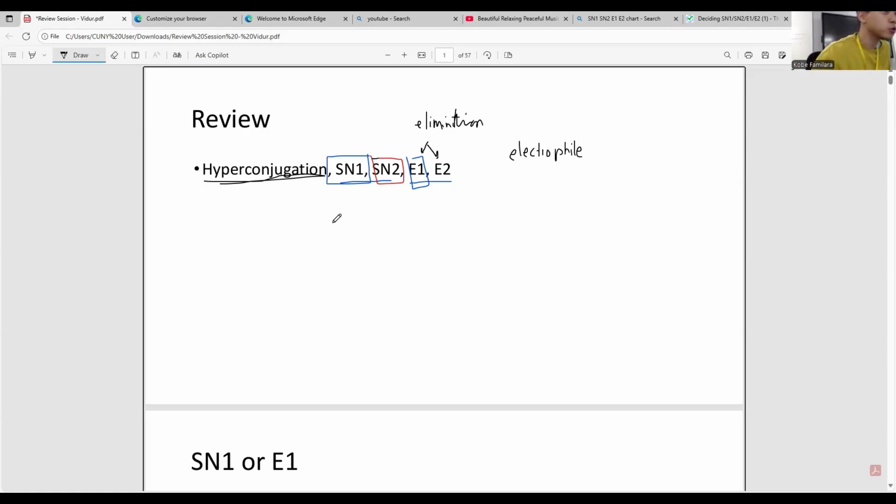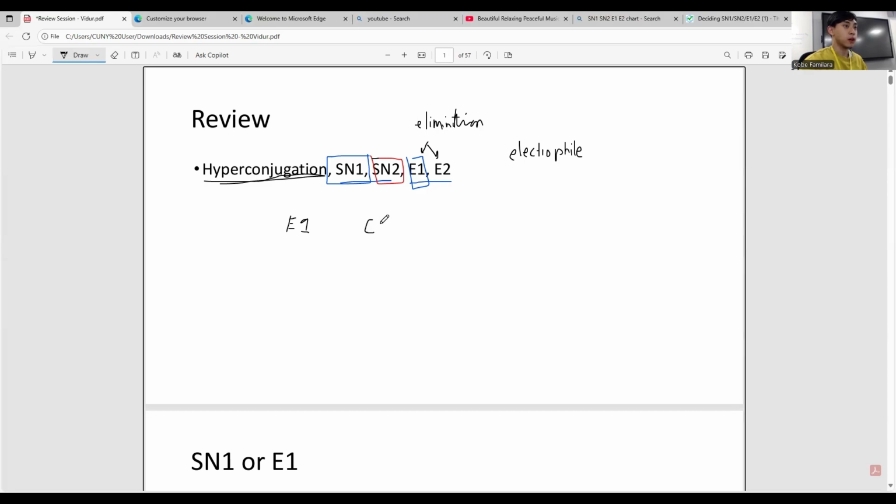So in nucleophilic substitution reactions, the leaving group will be replaced, will be substituted, but in elimination reactions, it will actually just be eliminated. The final product won't have a leaving group. So in elimination reactions, let's look at E1.